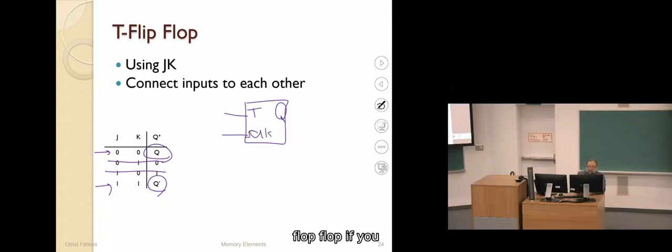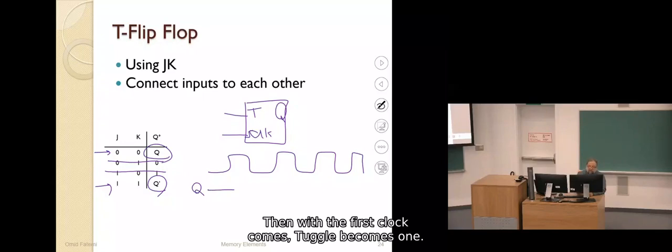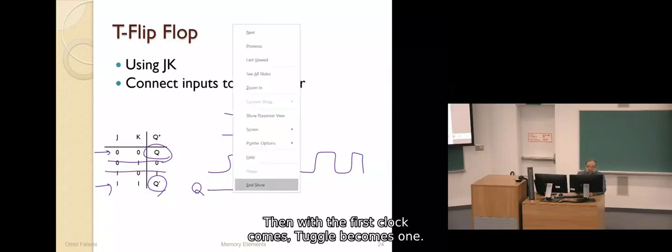A T flip-flop, if we have a clock like that, and then we have, let's say we start from Q0, and Q is 0, then with the first clock Q toggles, so Q becomes 1.